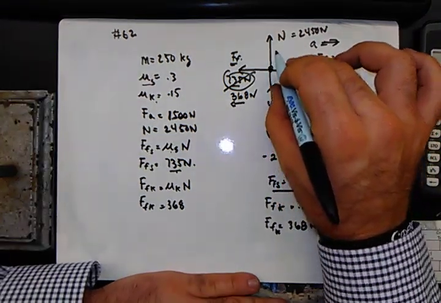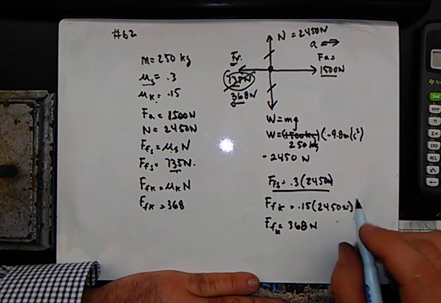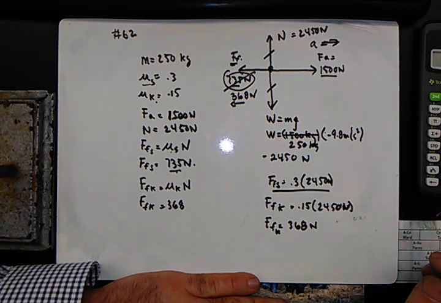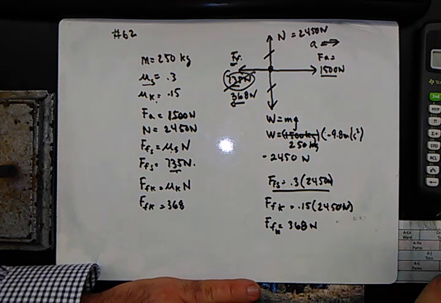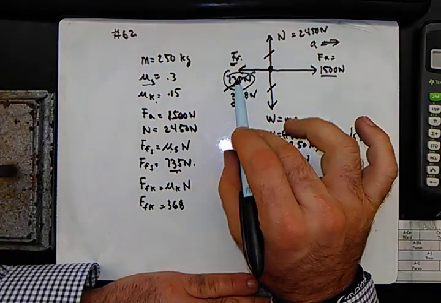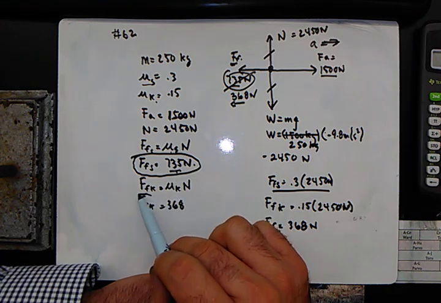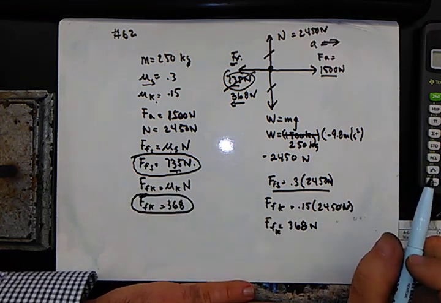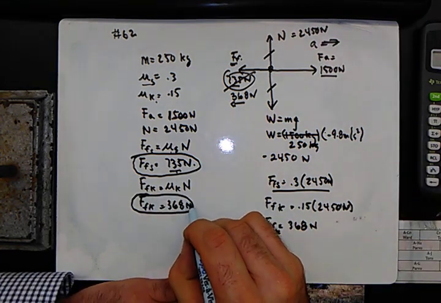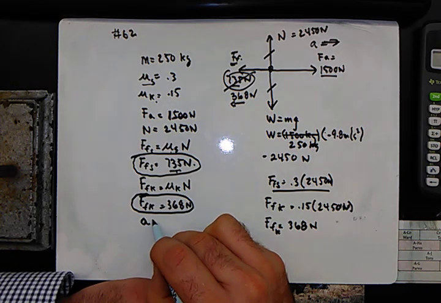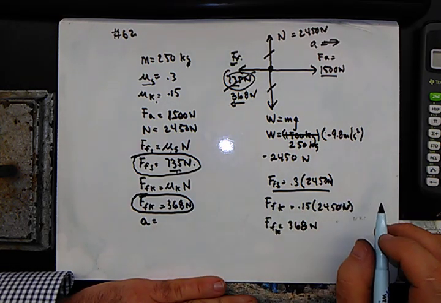So we're not done yet, because we've determined the force of friction, both of them. Force of friction static is 735. Force of friction kinetic is 368 newtons. Now we've got to figure out what the acceleration of this object is.